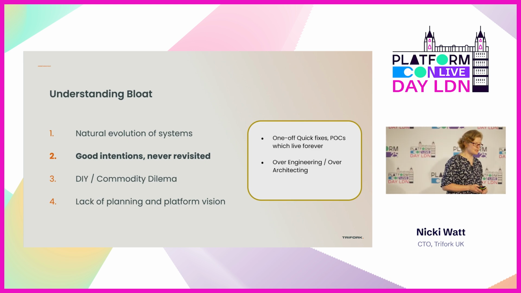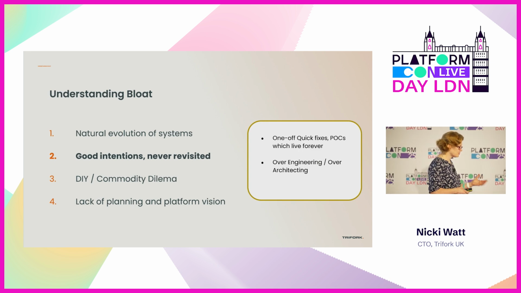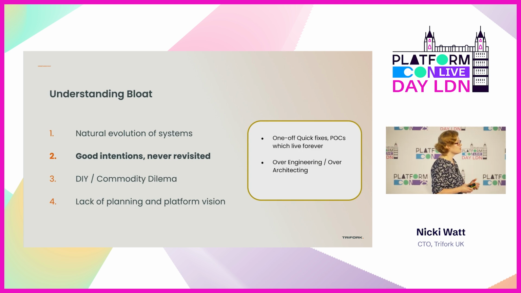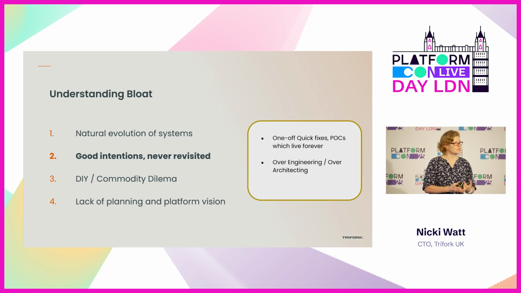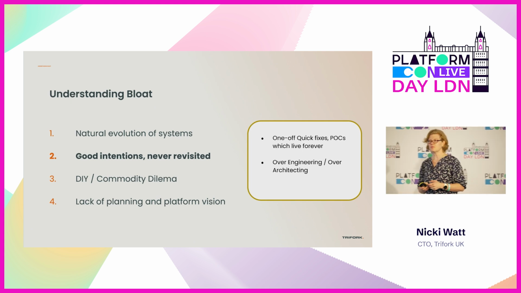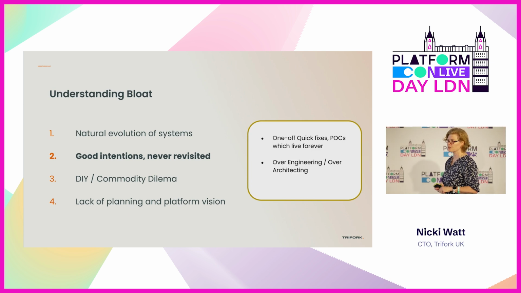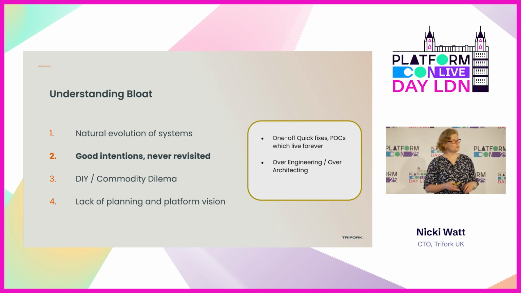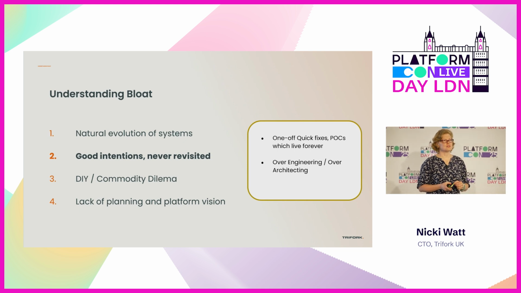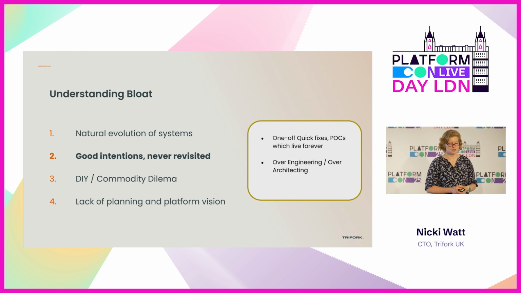The one that is often maybe not recognized is when people over-engineer or over-architect the platform. This can happen in a few different ways, but the example I tend to give is when it comes to non-functional requirements. Everybody has a desire to make sure that the platform is reliable and available, all the good things that platforms generally need to do.